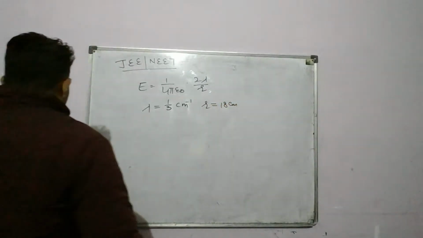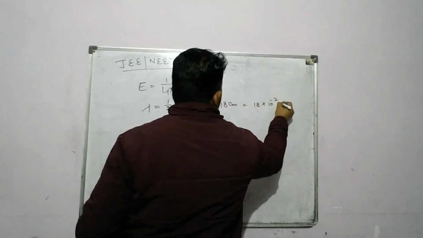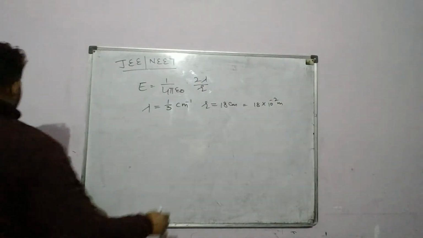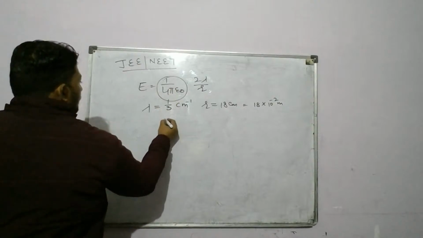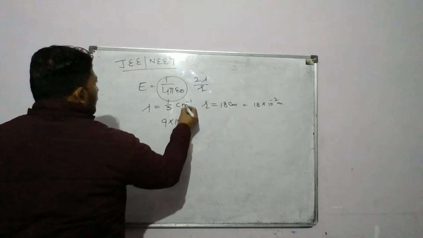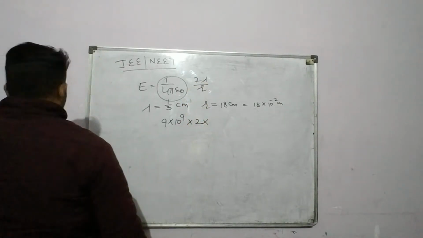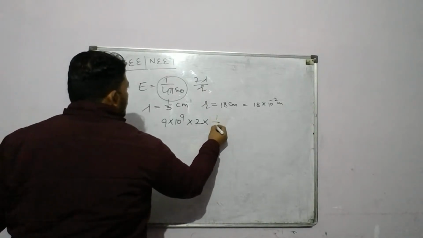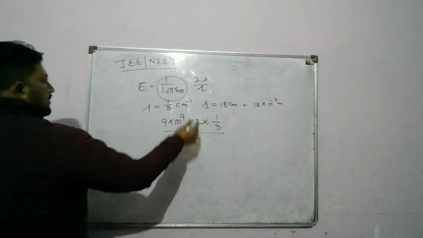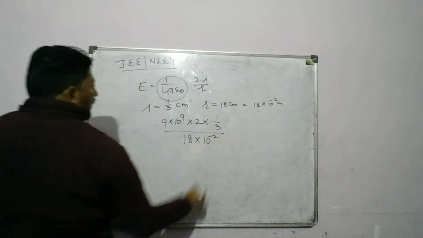So it will be converted into meter, 18 into 10 raised to power minus 2 meter. So we write here 9 into 10 raised to power 9 multiply by 2 into lambda. Lambda is equal to 1 by 3 divided by radius, r is given 18 into 10 raised to power minus 2.